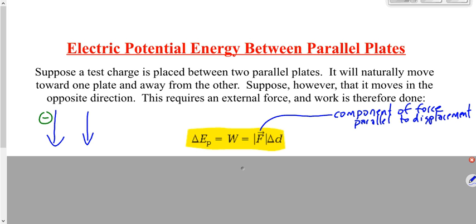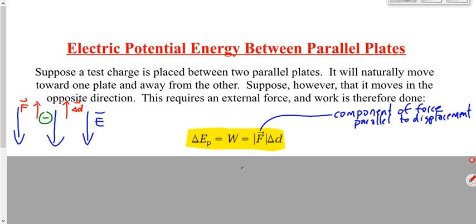In an electric field that points downward, we know that that charge will experience a force. That force will be upwards, opposite to the direction of the field, because it's a negatively charged particle. If the force on it is upwards, and it moves upwards, in other words, the displacement is upwards, then the work done on this negative charge, therefore the change in potential energy, is simply equal to F times D, because F is parallel to the displacement.